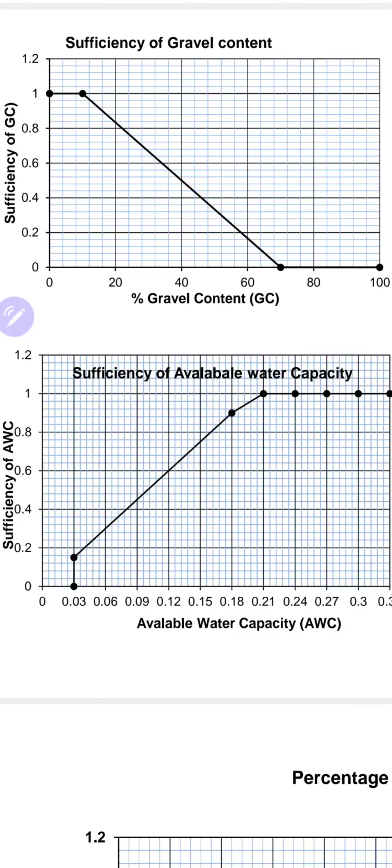So you come here and find where 0.18 is, which is this value here. Then you come up like this, you hit this part, and come here, something like in between here.